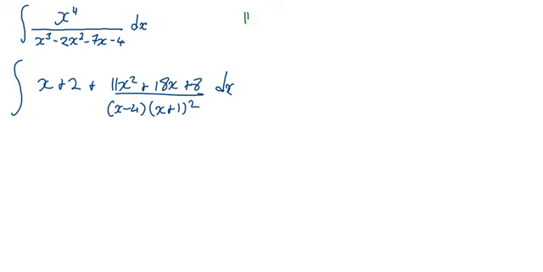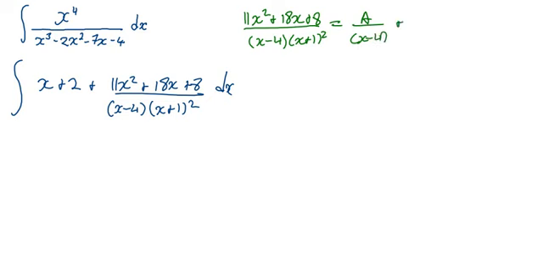So we can say now our 11x^2 + 18x + 8 divided by (x - 4)(x + 1)^2 is equal to a/(x - 4) + b/(x + 1) + c/(x + 1)^2.